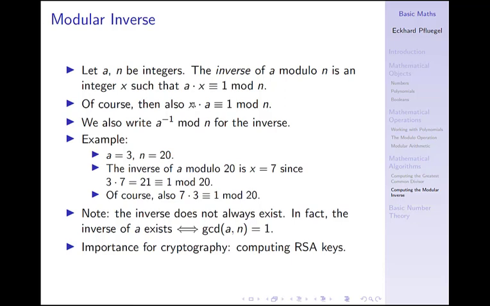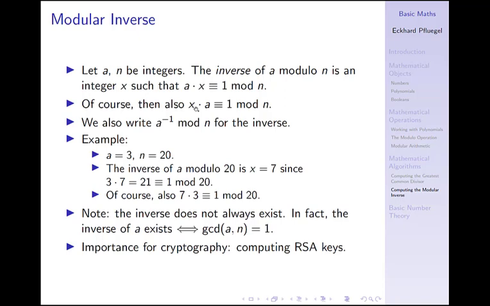It doesn't normally make sense to say 1 over a, but we are thinking of the property that the product of a and a to the minus 1 is congruent to 1 modulo n.